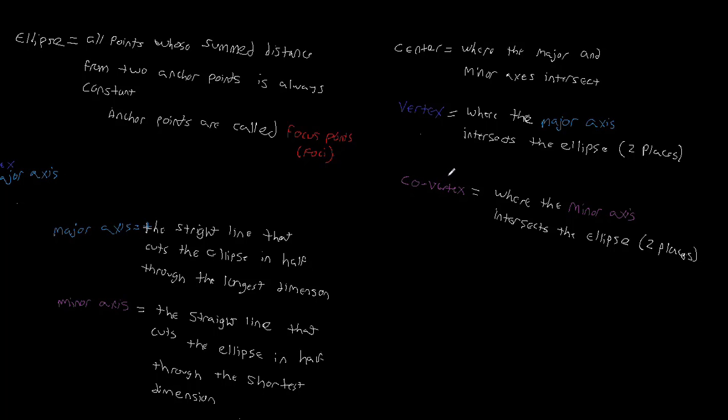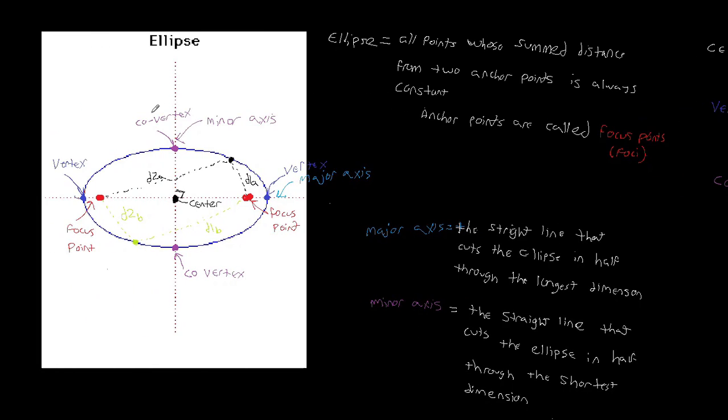What I want to do in the next video is reiterate the idea that an ellipse does not have to be fatter than it is tall. We could rotate this thing 90 degrees and that would still be an ellipse, but the major and minor axes and the vertexes and covertexes would flip.